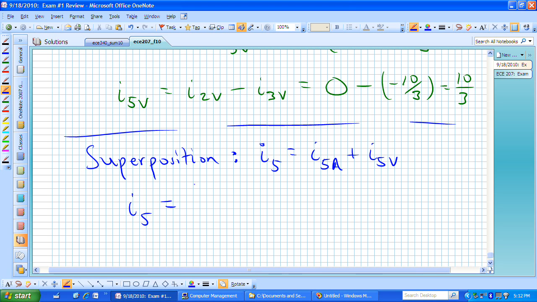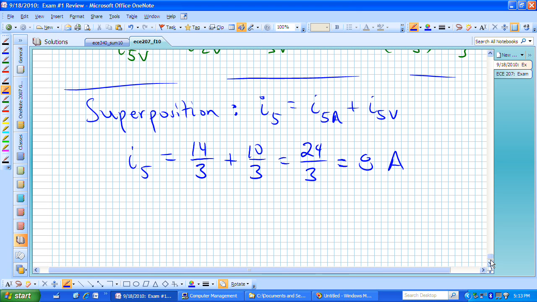I sub 5A was 14 over 3, I sub 5V was 10 over 3, or we now have 24 over 3, or 8 amps for I sub 5, and if you remember, that was actually the current that was flowing down through I sub 5 in an earlier problem that we solved.